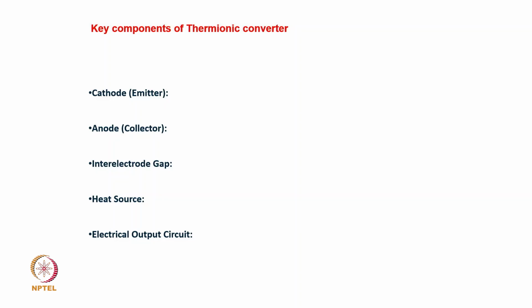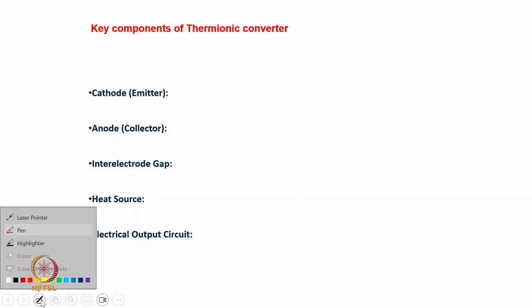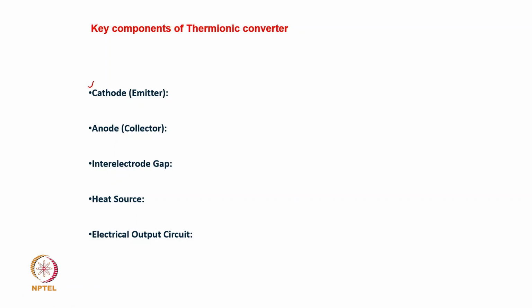So, we know that the emission takes place in an emitter which is a cathode of the thermionic converter, and there are certain properties which actually decide this emission process as we have discussed and we will discuss further.